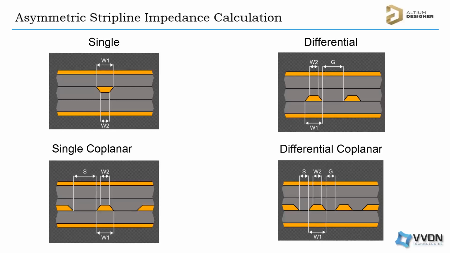At that time we can also stack two materials with different dielectric properties, and we can choose in which direction the trace goes, either upwards or downwards, as in the picture on the top left. There are other pictures also. There we can see we can use single, coplanar, differential and differential coplanar in our design for impedance calculation.